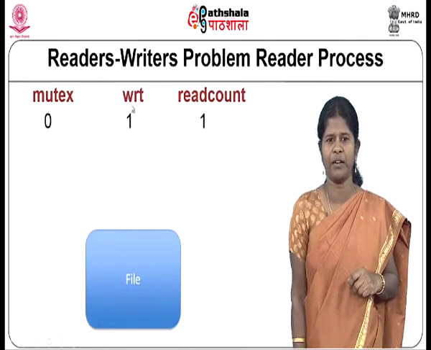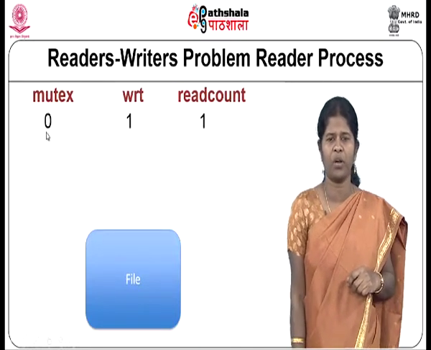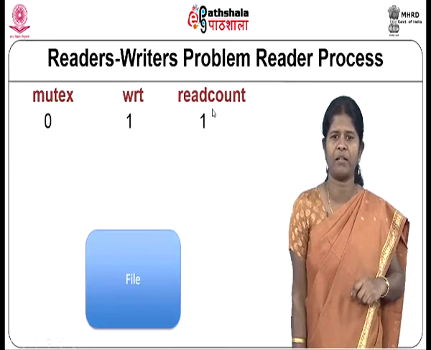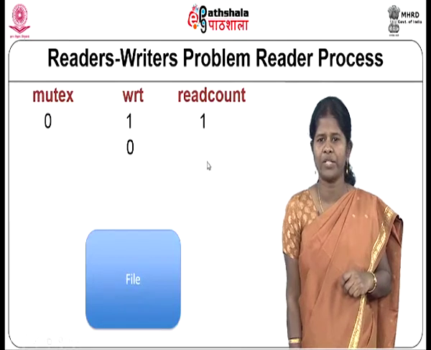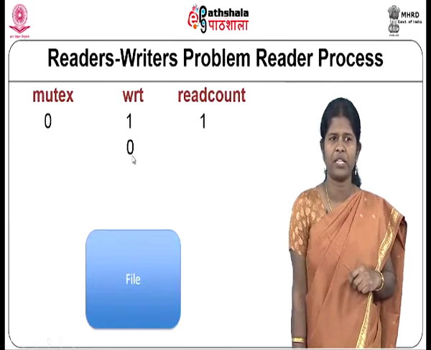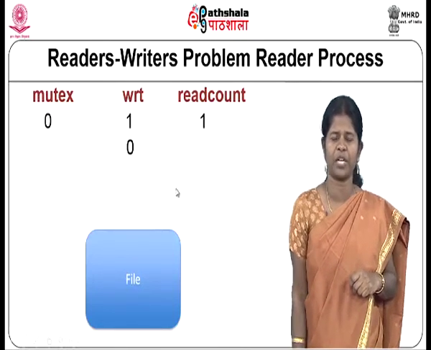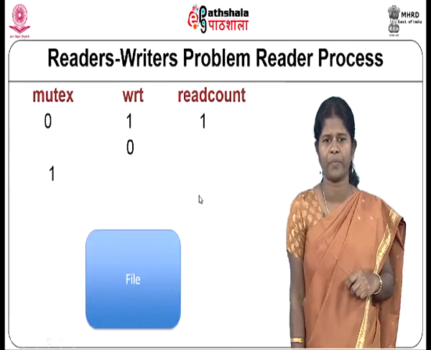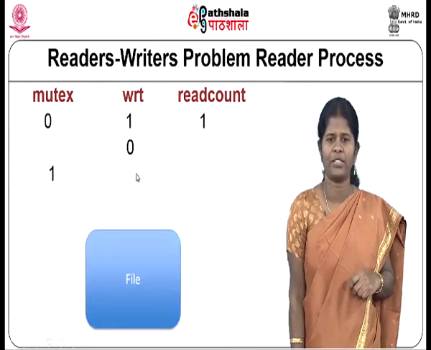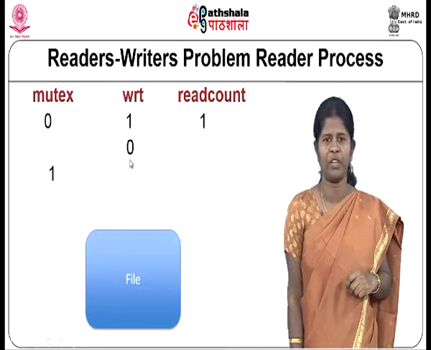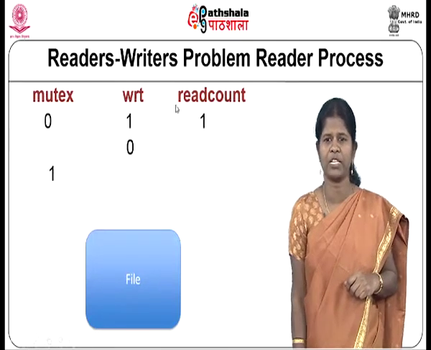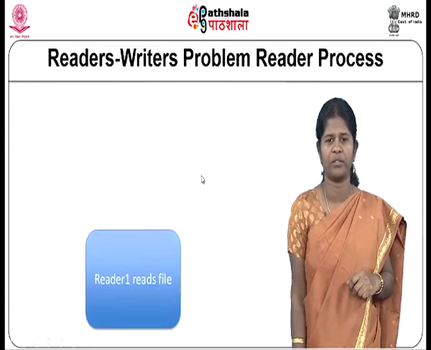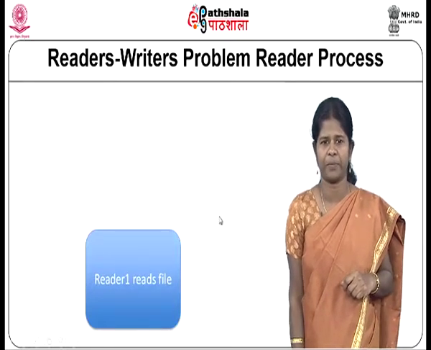So, the first reader changes the value of mutex to 0 and it increments the read count value, and because read count is equal to 1, it waits on WRT, the value of WRT becomes 0. And after waiting on WRT, it makes value of WRT equal to 0. Now, it signals mutex because it has manipulated read count. Then reader 1 reads the file.